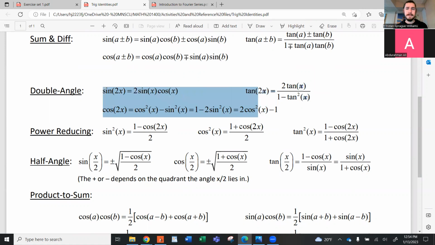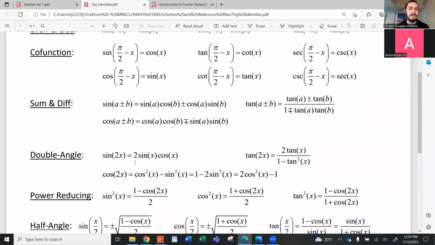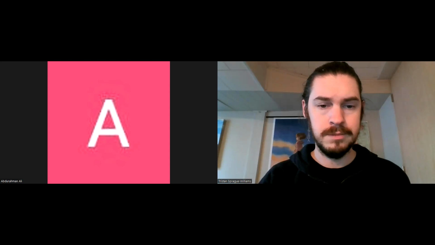See them here? So also consider making one of those substitutions. It's very unique to the 2x case. If it were like 3x or whatever, then this wouldn't work so well, but that's an option too.